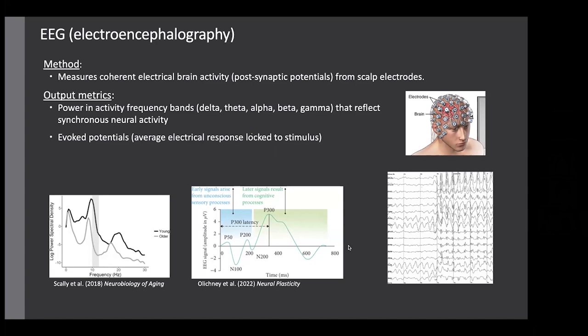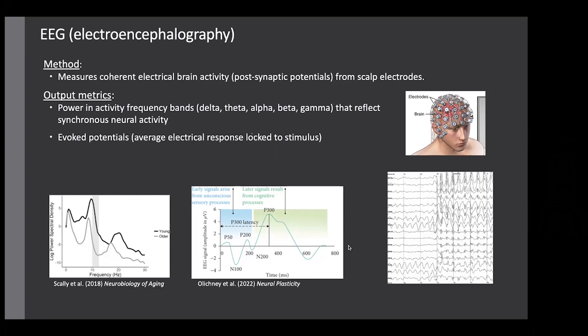You've probably heard of delta, theta, alpha waves. And here's an example study measuring the frequency of alpha in younger adults versus older adults. You can see here that the older adults have a slower peak frequency in their alpha band. So that's actually a well-documented finding.